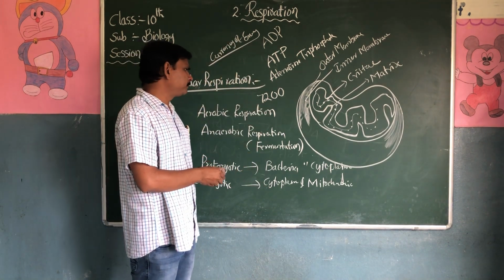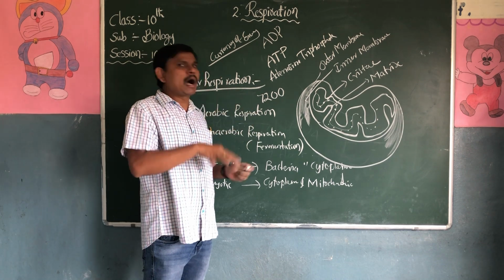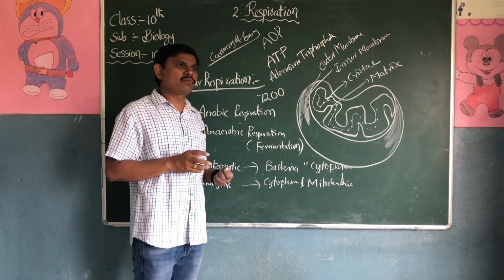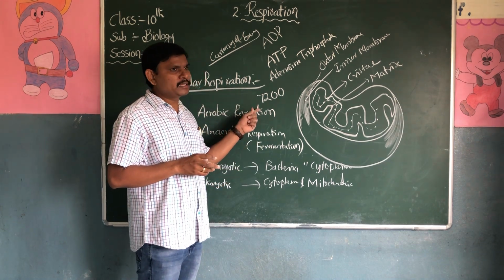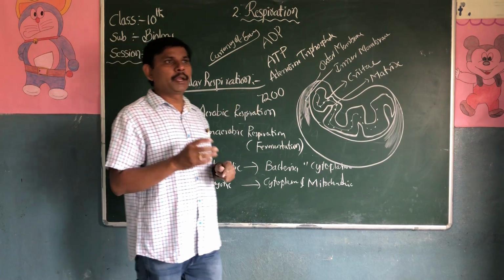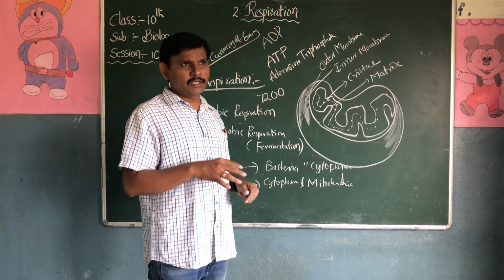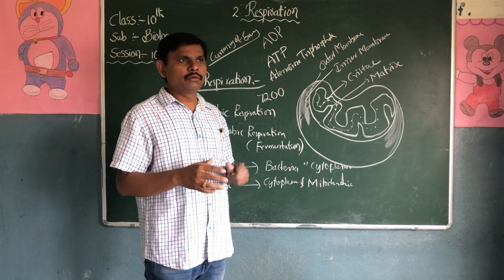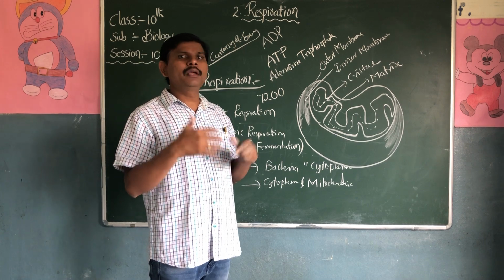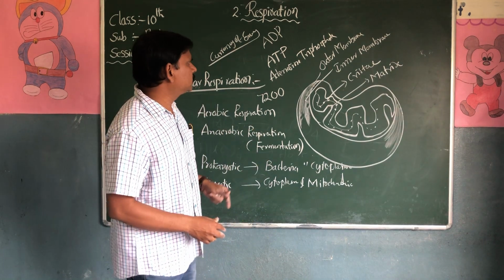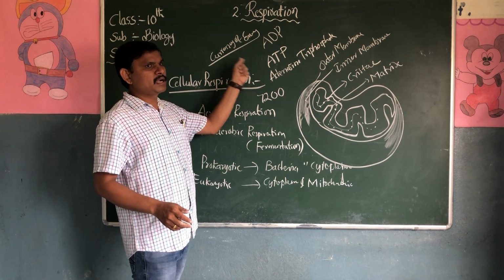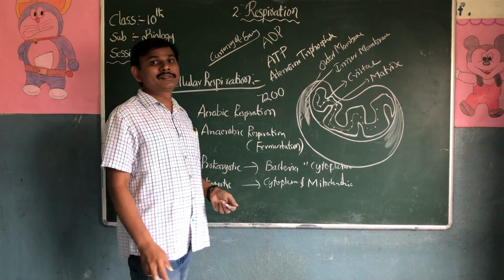What happens when the energy is required? The stored energy in ATP will break down, and the stored energy will be released. This ATP is called the currency of the cell.